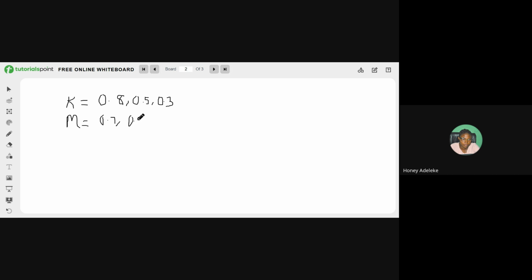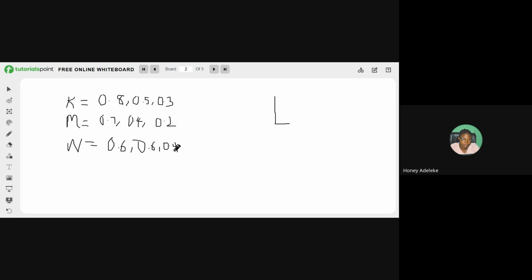This is just on a 3-dimensional space. The thing I drew for us the other time was a 2-dimensional space, but let's assume this is 3-dimensional. And then we have woman as 0.6, then 0.6 again, then 0.4.